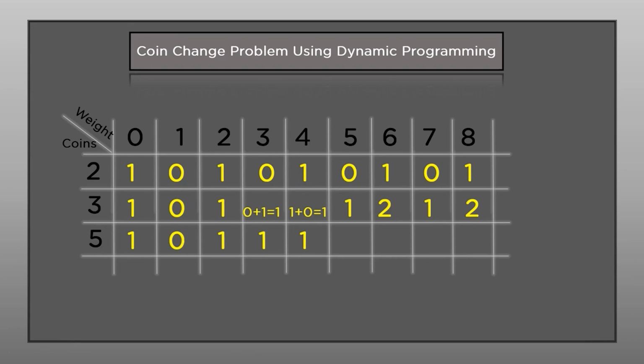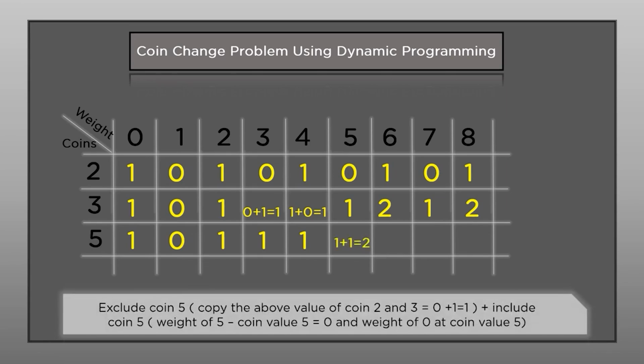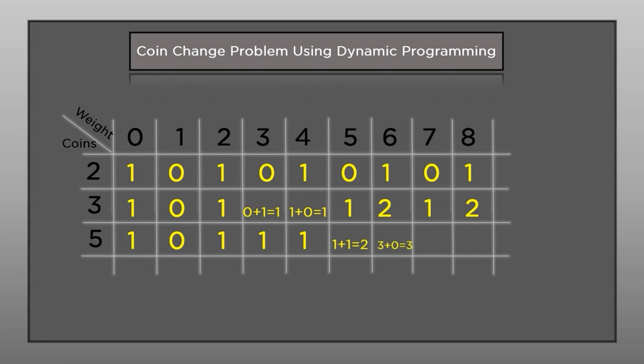The sum is now 6 and the coin value is also 5. If we exclude coin value 5, we are left with 2 and 3. And what we have for coin 2 and 3 in the same row is 1 and 2, and the sum of 1 and 2 gives 3. And if we include coin value 5, we have to subtract coin value 5 from the sum of 6, which gives us 1, and what we have below, the sum 1 of the same row, is 0.